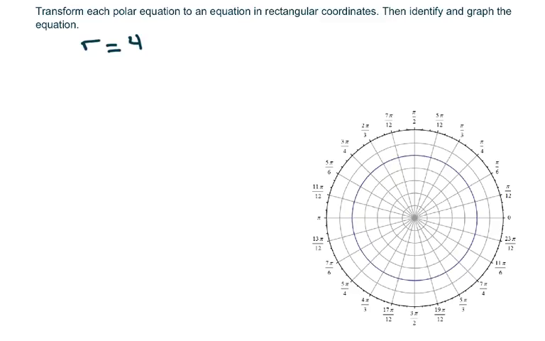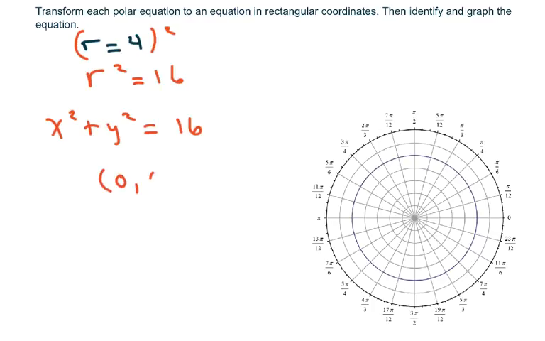The first thing we're going to do is square both sides on this. We saw this in the last video. We get r squared equals 16. If you write this out, this is x squared plus y squared equals 16. And so we know that's a circle with center 0, 0, and our r is 4.